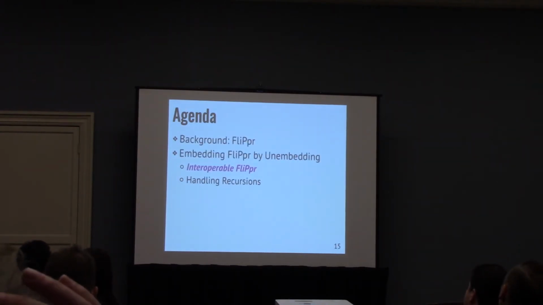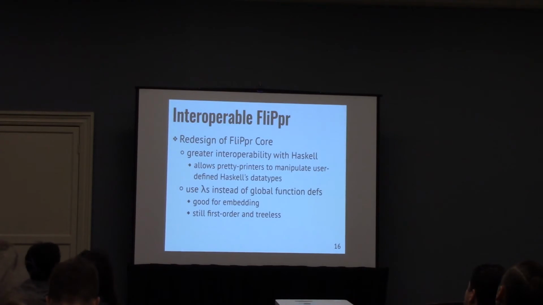Okay, this is the existing work. Now we explain how we embed Flipper by using embedding. We first talk about the redesign of Flipper. The interoperable Flipper is actually a redesign of the Flipper core language. It has greater interoperability with Haskell.